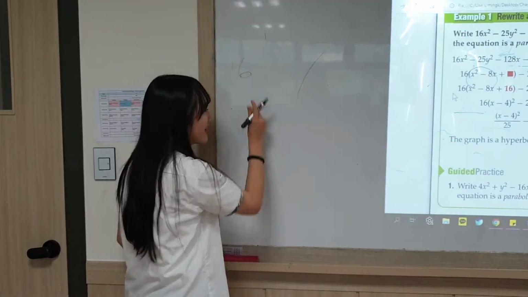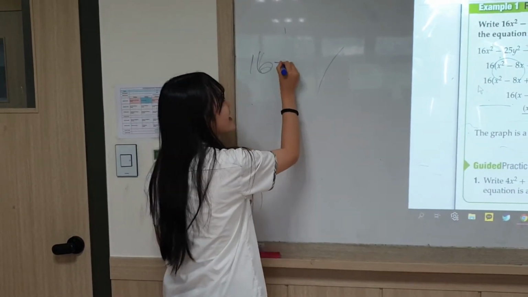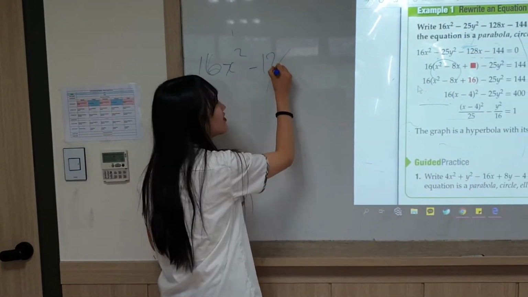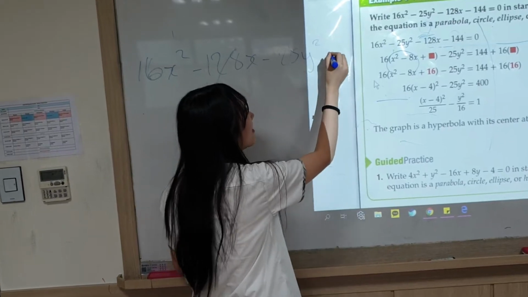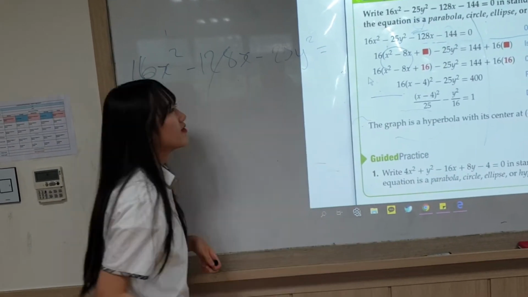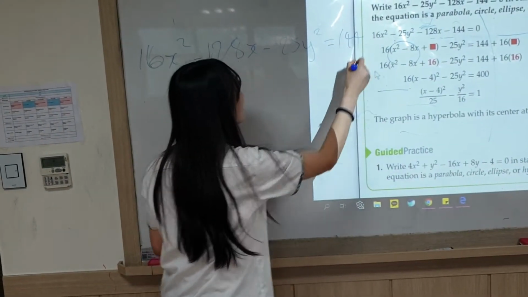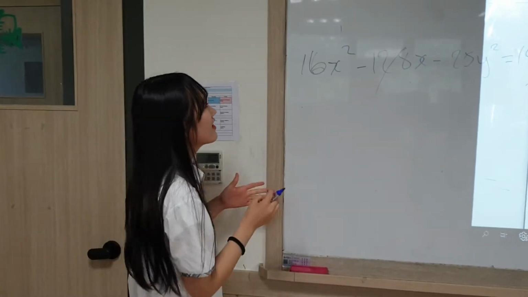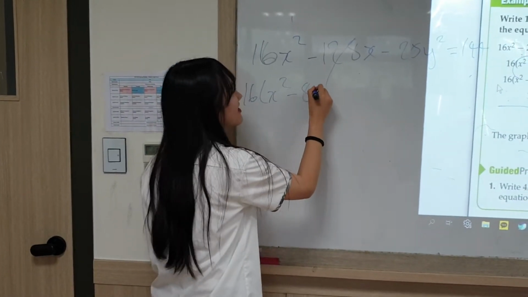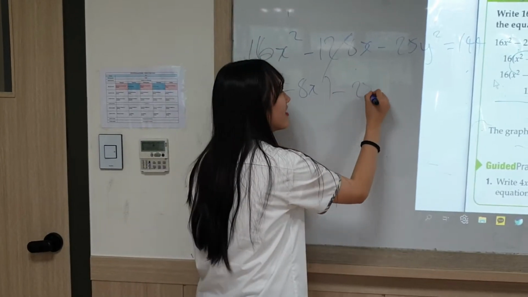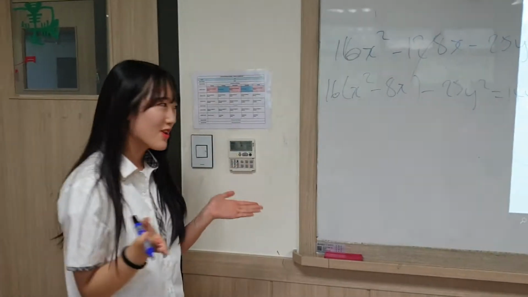So it's going to be 16x squared minus 128x minus 25y squared. And we can send the numbers to the right side, so it's going to be like this. Now we're going to take out 16, 8, maybe. And now we can use perfect square.